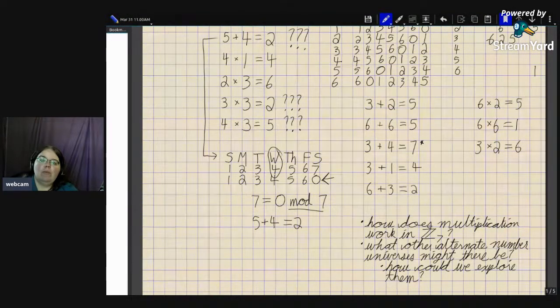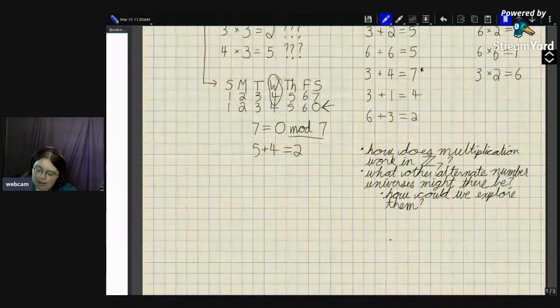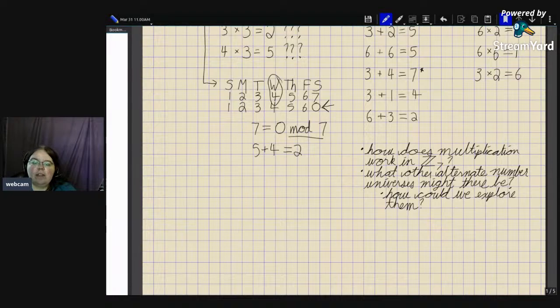And I'll give you one more question on this. So we said that 7 is the same as 0 mod 7, and we said that 9 is the same as 2 mod 7.